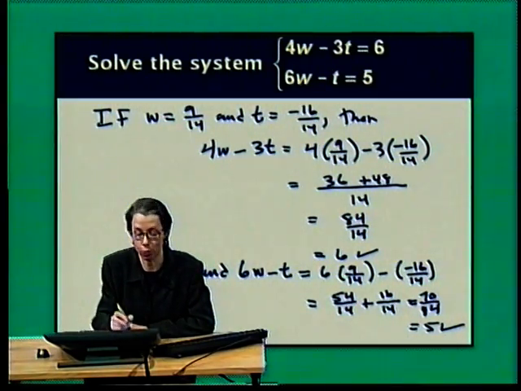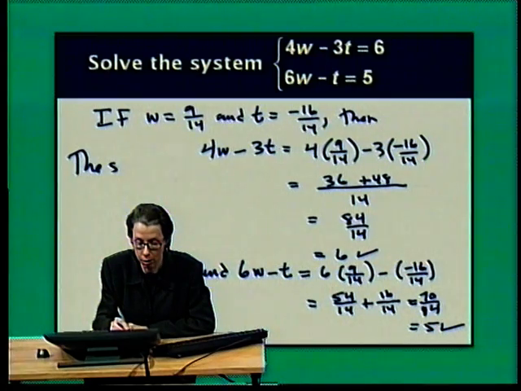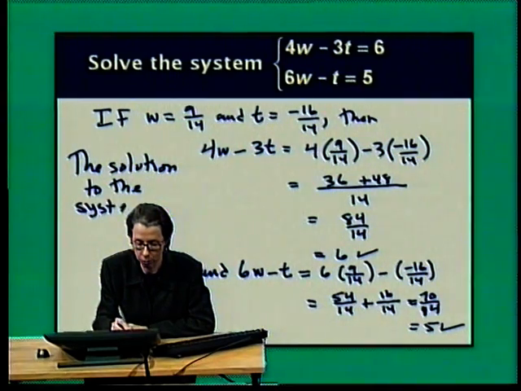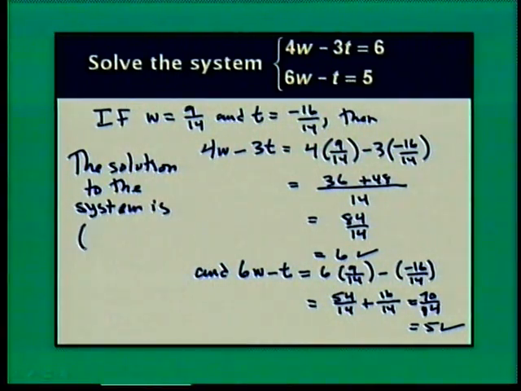The solution to the system is the ordered pair 9/14, and now my t-coordinate is negative 16/14. I'm going to reduce it here when I state my conclusion. That's equivalent to negative 8/7.